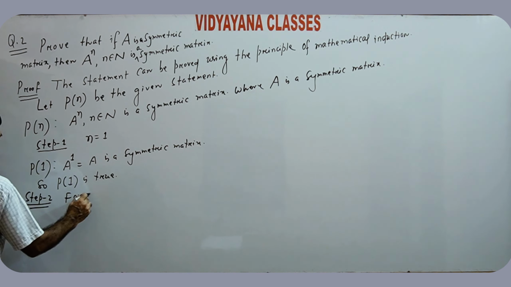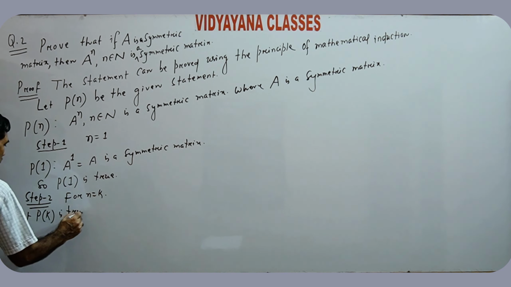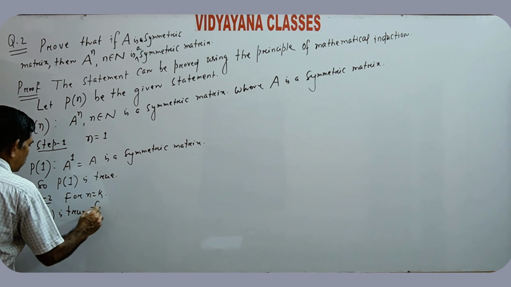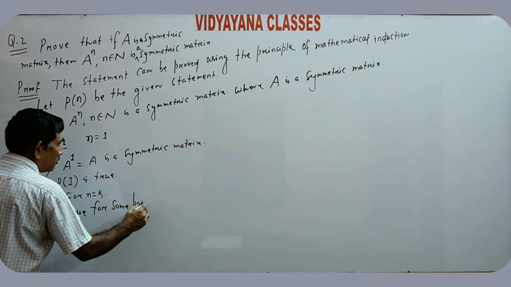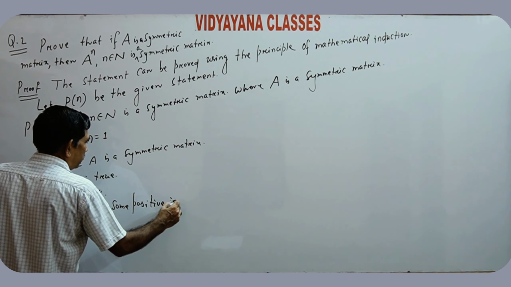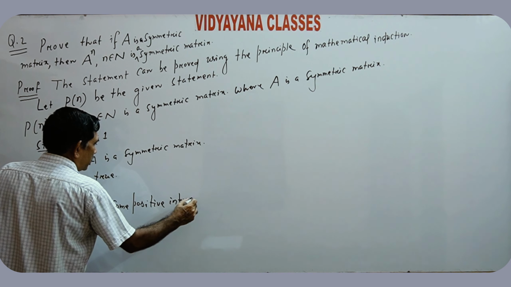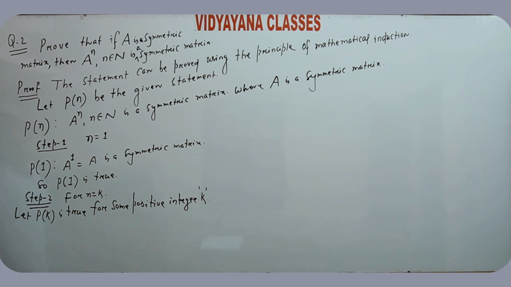Second step, step 2. For n is equal to k, let Pk be true for some positive integer k.